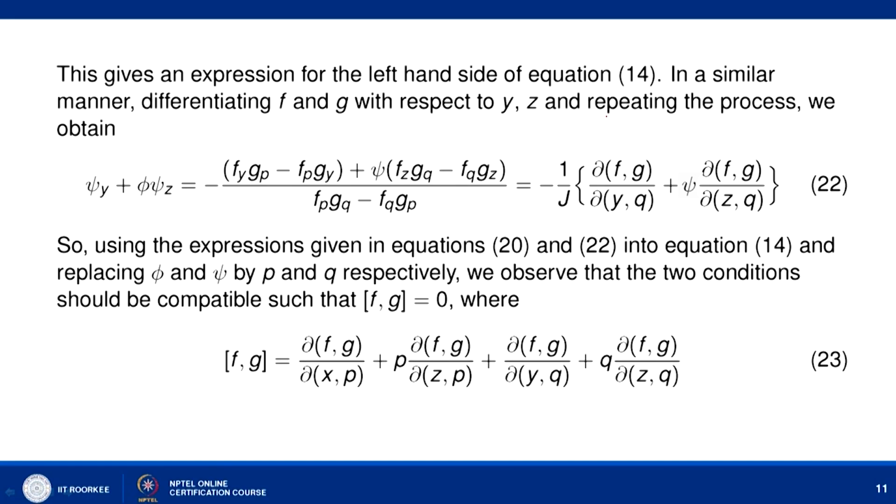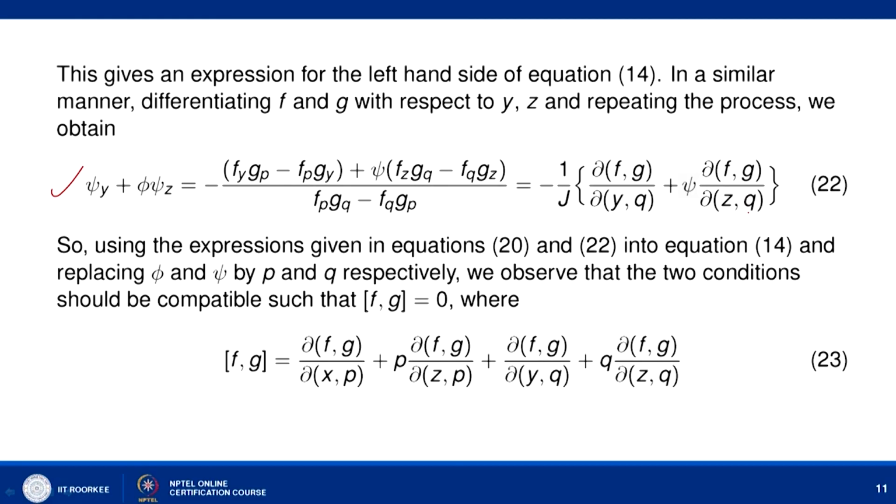Then we repeat the same procedure, and we get the value of psi y plus phi psi z, written as minus 1 upon the Jacobian of f, g with respect to y, q, plus phi times the Jacobian of f, g with respect to z, q. Sorry, it is psi times the Jacobian of f, g with respect to z, q.